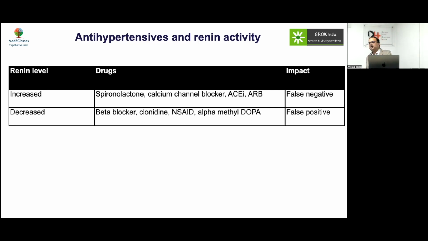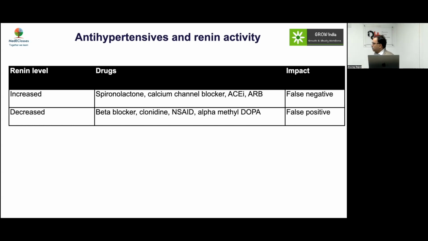So that will falsely give renin levels which will be high. So you will miss primary hyperaldosteronism. On the other hand, if your renin is still low in somebody who is on an ACE inhibitor, an ARB or spironolactone, you are 100% sure that this is a low renin or an endocrine pattern of hypertension.